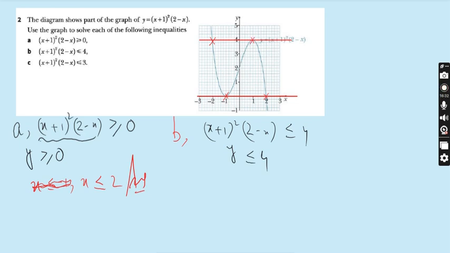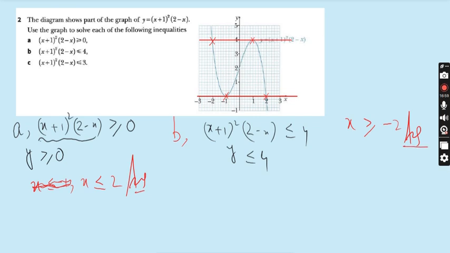This is the point which is x greater than or equal to 1, because the values are increasing. So if a number is greater than or equal to minus 2, which is also greater than or equal to 1, so the only answer is x greater than or equal to minus 2. This is our final answer.